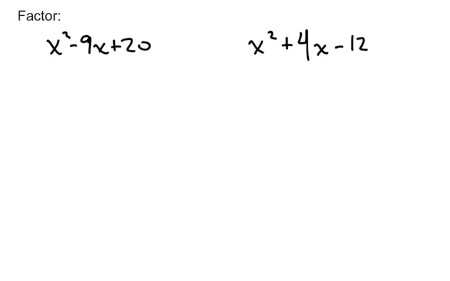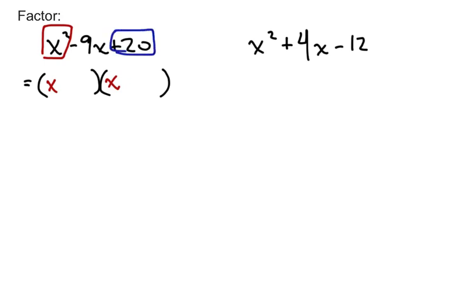And how we factor is we really make an educated guess. If we're going to factor a quadratic, we know it has to break up into two binomials. The first term of each of those binomials, since we start with x squared, is going to be x and x. And now the only really hard part to think about is the last term.